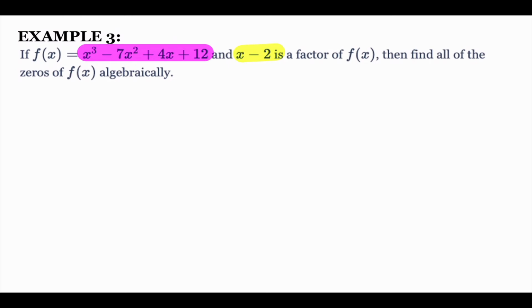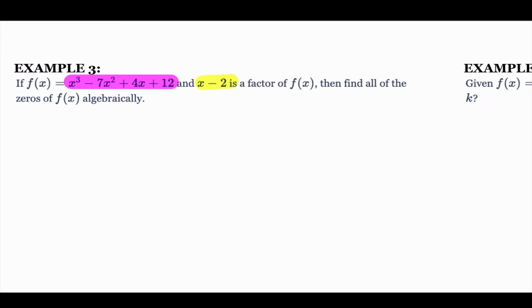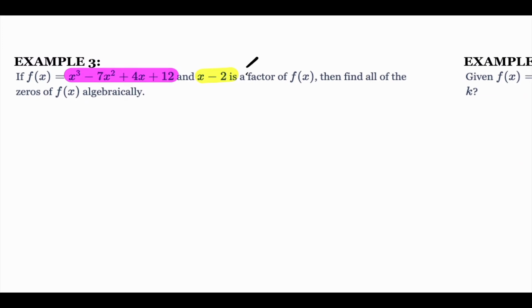So I already know that the remainder is going to equal 0. Okay? And then it says find the zeros. What's another name for zeros that we've heard before?